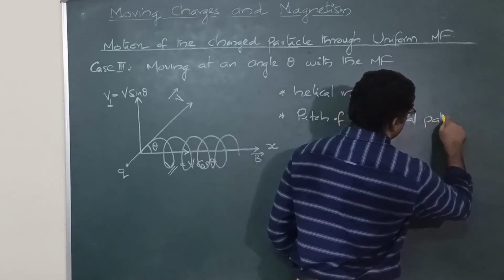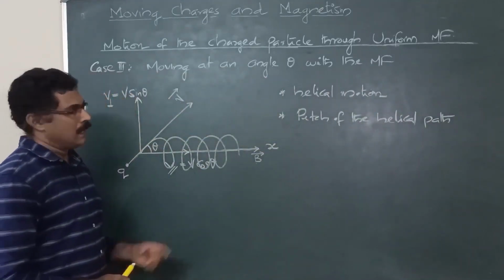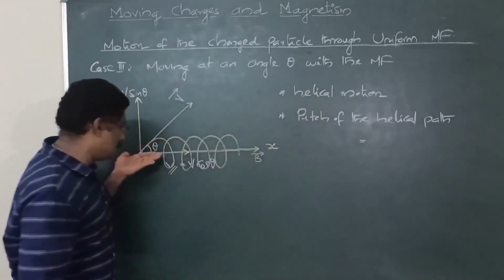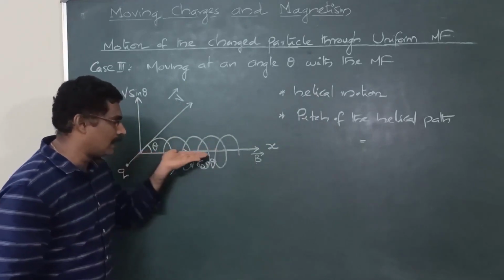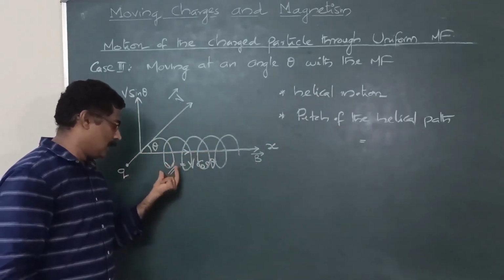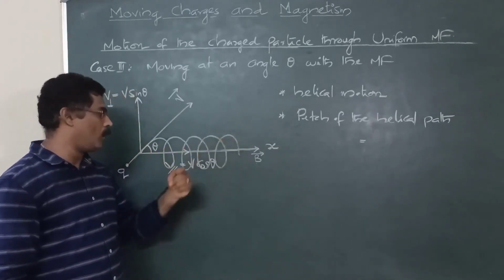the horizontal distance traveled during one circular motion, and that is given by the equation. Since it is moving along the horizontal direction, the horizontal distance is velocity into time, because it is a uniform motion.